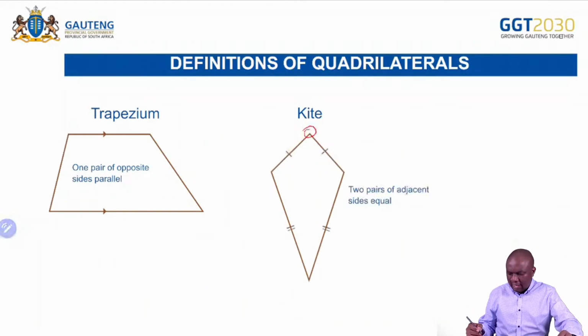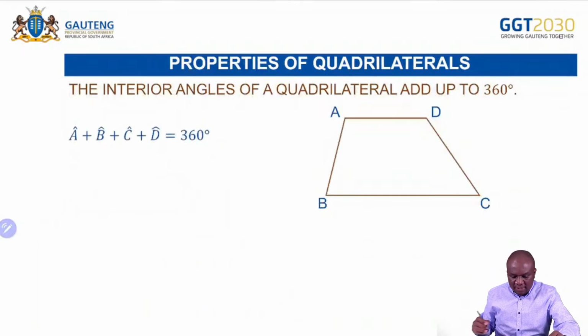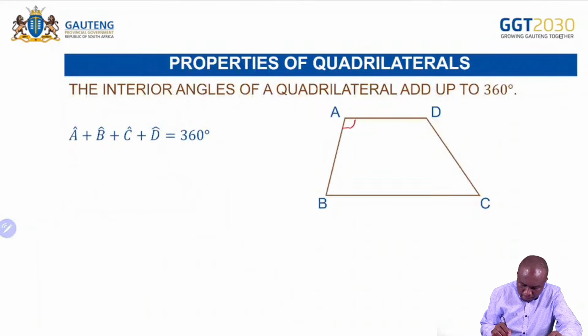Okay? Right. And then let's talk about the interior angles of quadrilaterals before we look at the properties of parallelograms, trapezium, and kite. The interior angles of a quadrilateral add up to 360 degrees. I mentioned that when we started, right? And then it means angle A plus angle B plus angle C, or they are different sizes. Let me use different notation here.